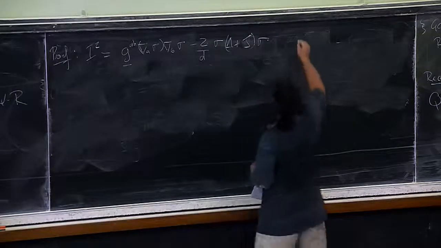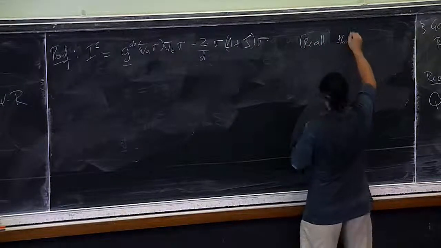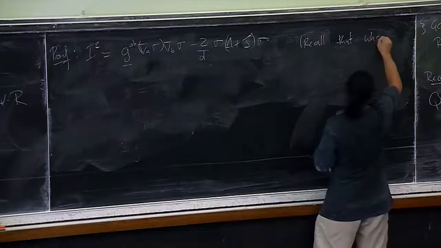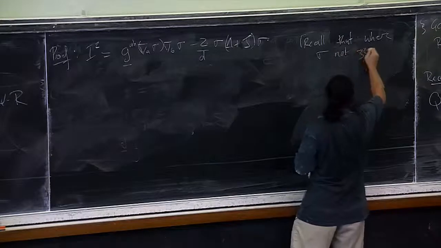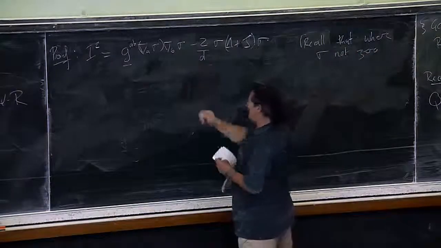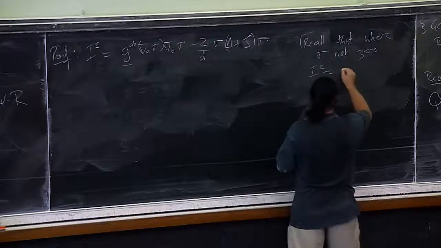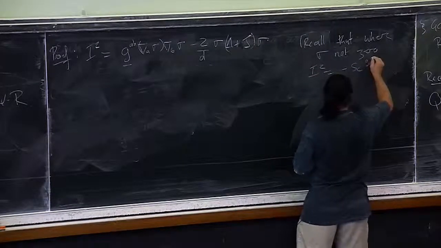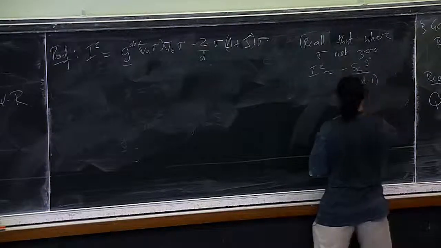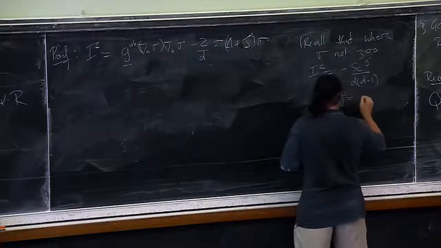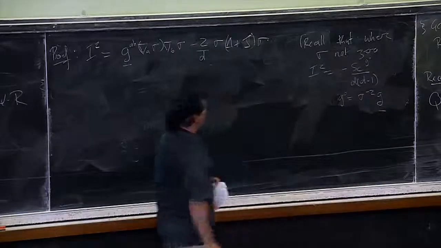And recall that where sigma is not 0, then we can work in the scale of sigma, and we get I squared is minus the scalar curvature of G naught over d minus 1, where G naught is equal to sigma to the minus 2 of the conformal metric.